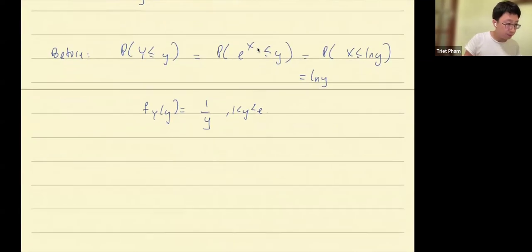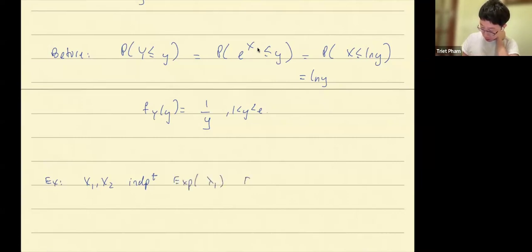All right, so let's say x1, x2 are independent exponentials, with parameters lambda 1, lambda 2.